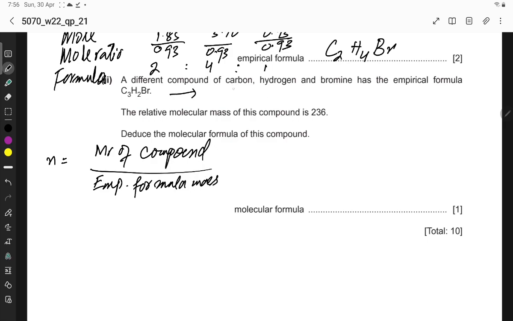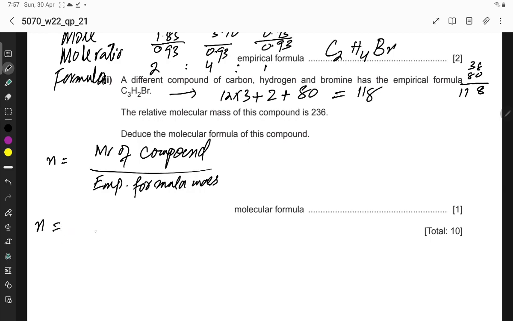C3: carbon 12 into 3 plus 2 plus 80, this is equal to 118.